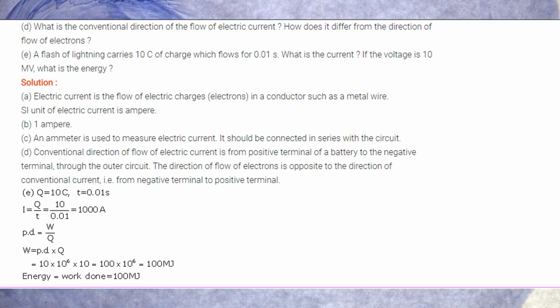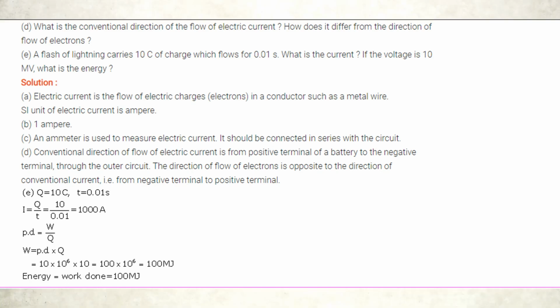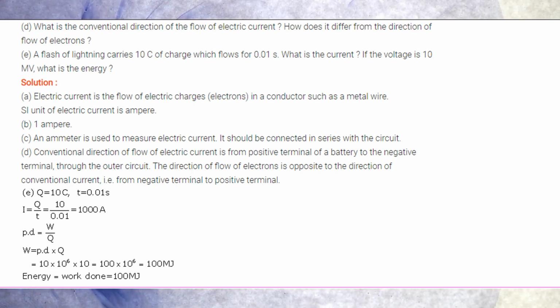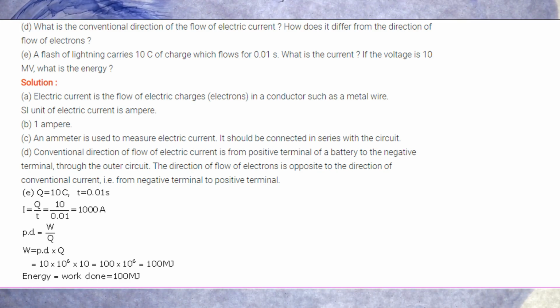Solution: Q equals 10 C, T equals 0.01 s, I equals Q upon T equals 10 over 0.01 equals 1000 A. The current is 1000 A. Potential difference equals W upon Q, thus W equals P.D. × Q equals 10 × 10⁶ × 10 equals 100 × 10⁶ equals 100 megajoules. Thus, energy equals 100 megajoules.